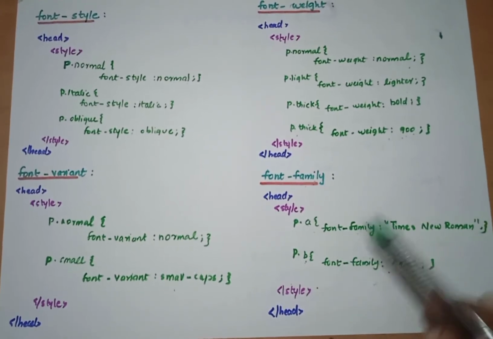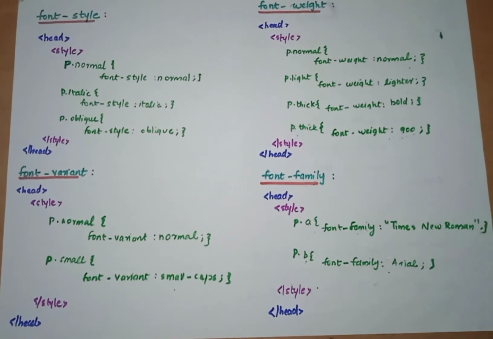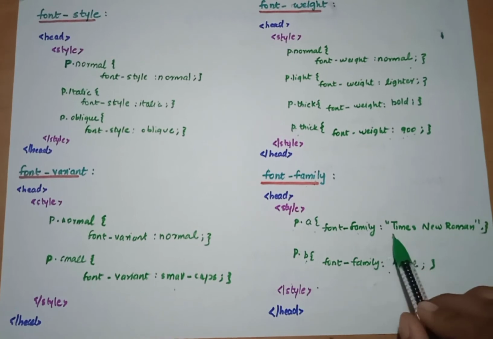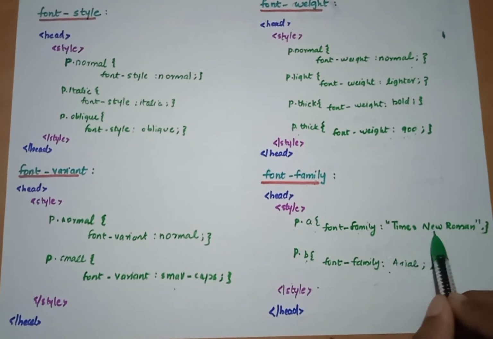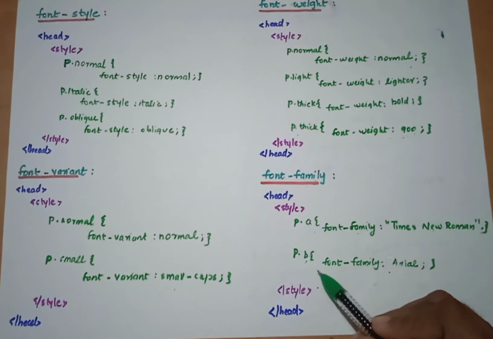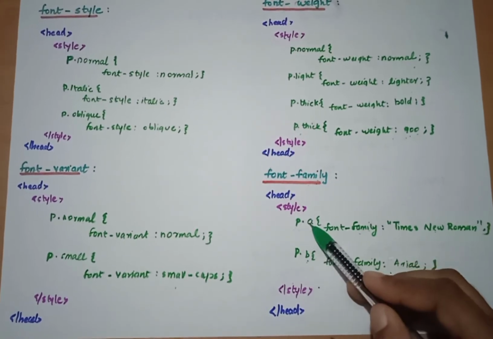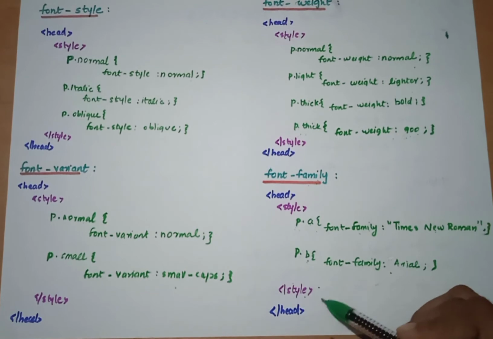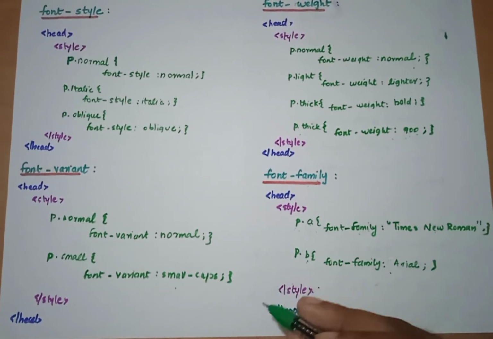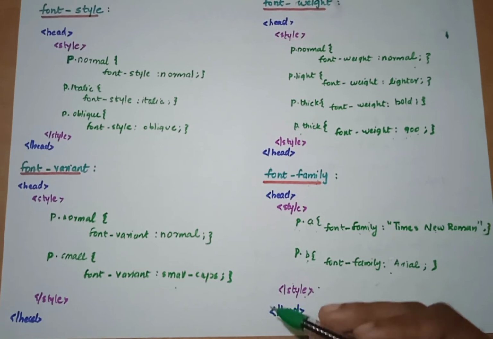So font family, as you all know, there are many different kinds of font family. I just use some of the common ones. One is Times New Roman. This is to be mentioned in double quotes, and that will be automatically applied when you use these along with the class equal to value, as we have already seen in the first example.